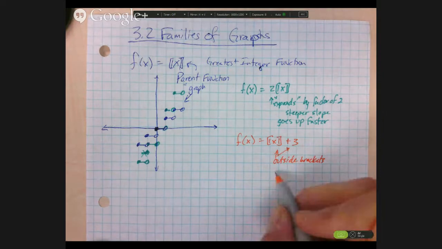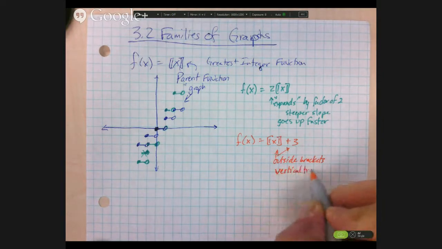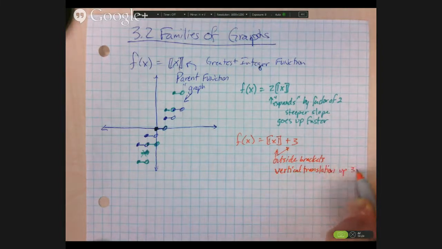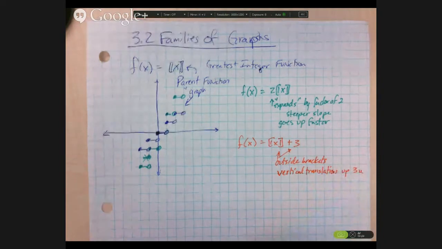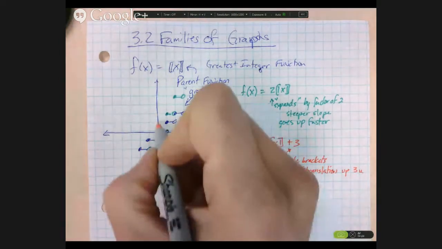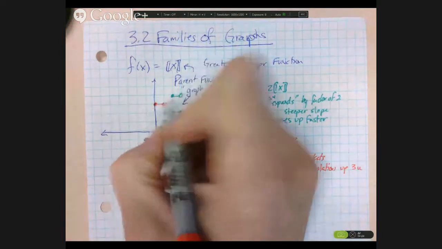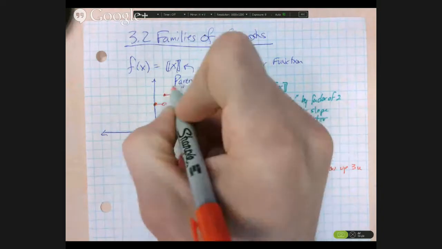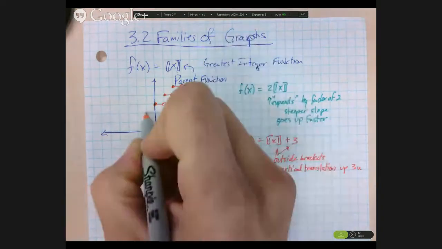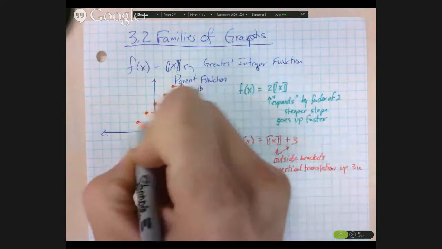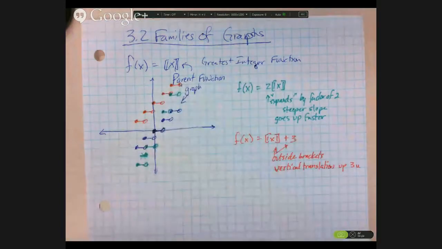So this one would go, yeah, it's a vertical translation. We're using math words. Up 3 units. So take the whole parent graph and just shift it up 3. Okay, so I've just taken the blue one and moved it up 3 units.